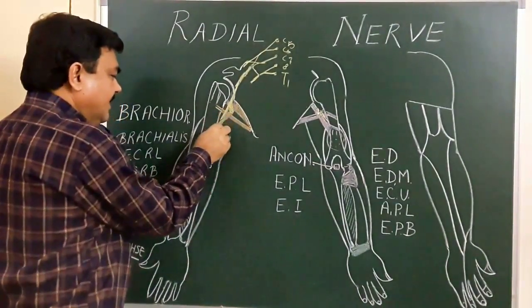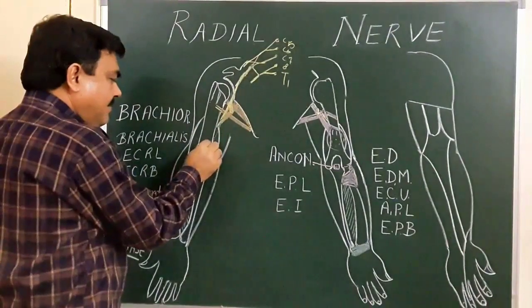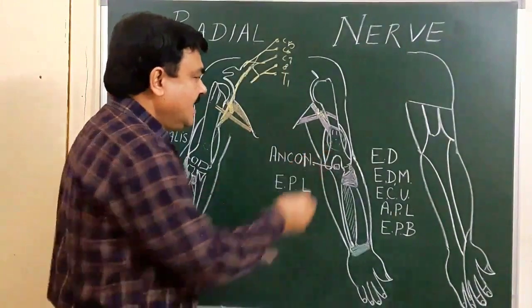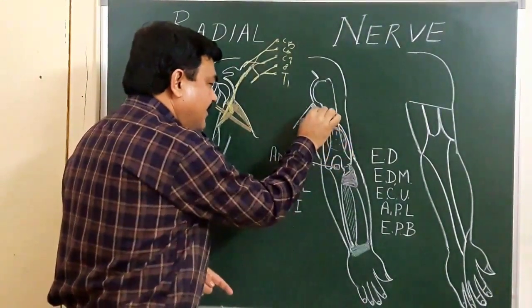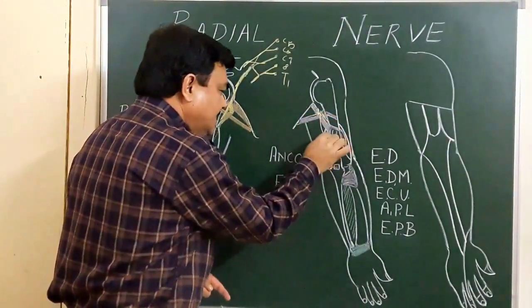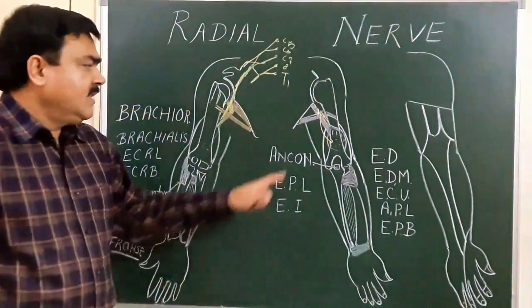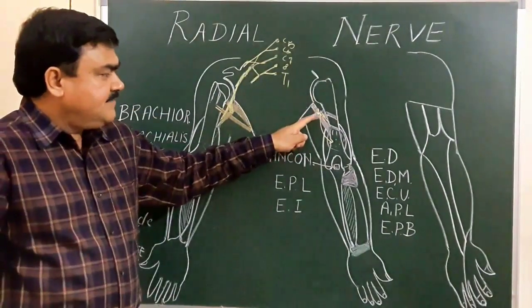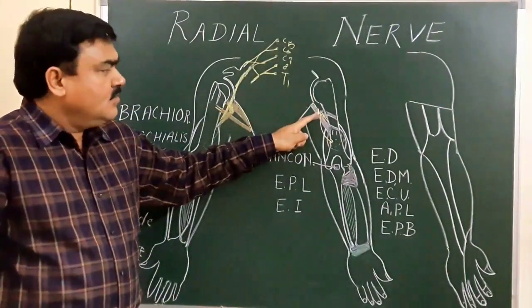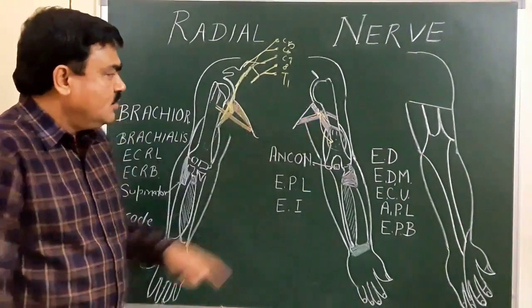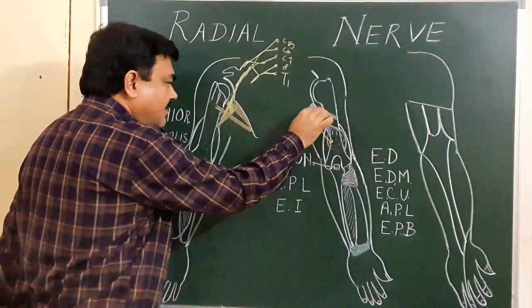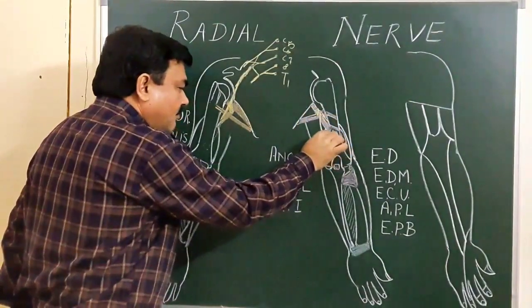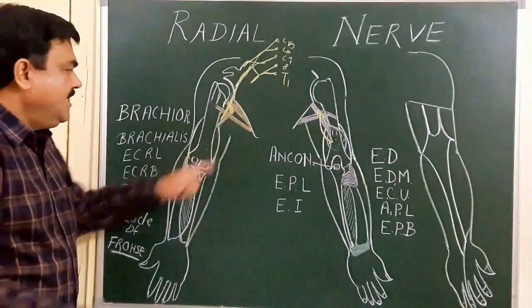In this diagram, the medial head of the triceps lies on the posterior aspect. So in the axilla, it gives two muscular branches: the nerve to the long head of the triceps and the nerve to the medial head of the triceps.